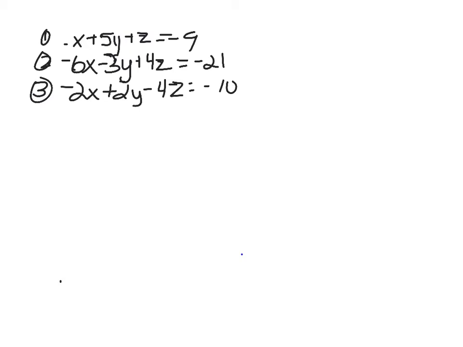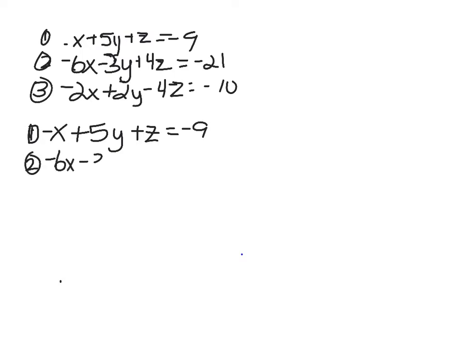So I'm going to just right now rewrite equation 1. So that's negative x plus 5y plus z equals negative 9. And equation 2 is negative 6x minus 3y plus 4z equals negative 21.